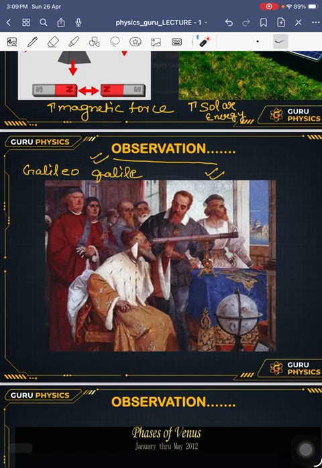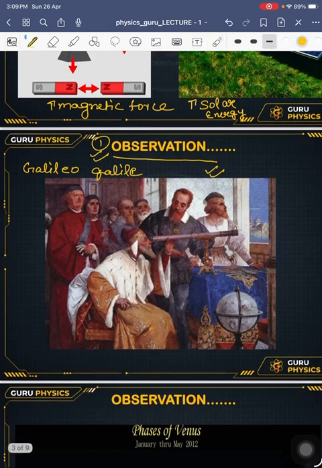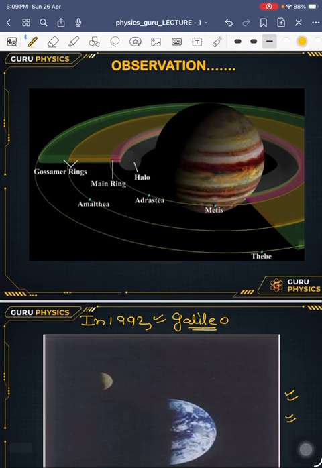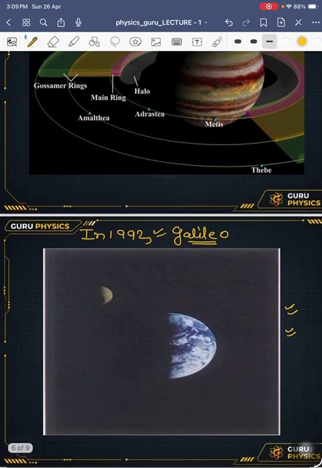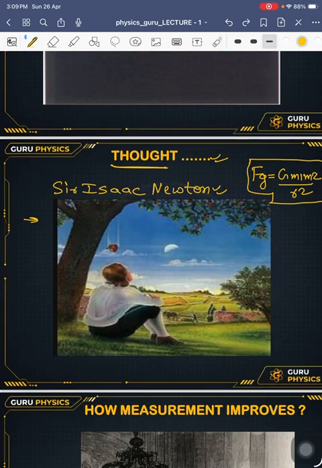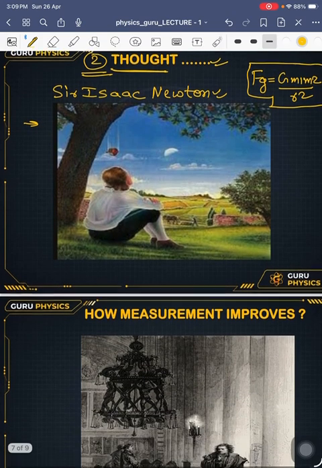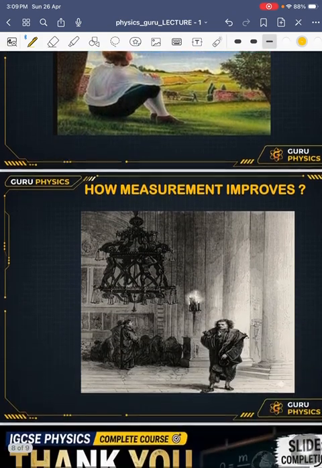The first is via observation, as Galileo Galilei observed the different phases of Venus and different moons of Jupiter. The second is through thought, intuition. These are the two ways in which the ideas of physics come into the minds of physicists and scientists.